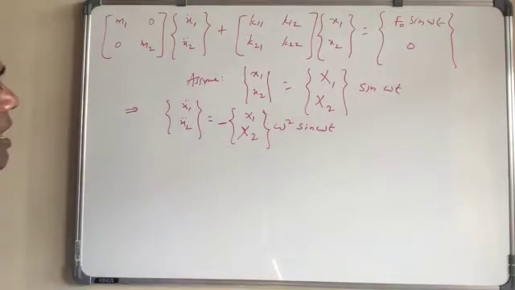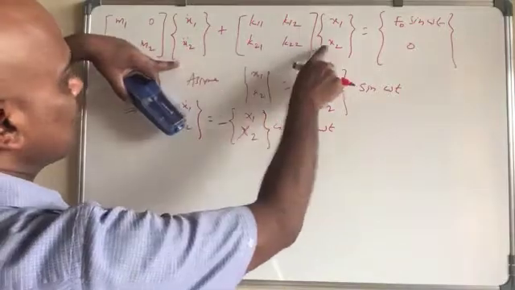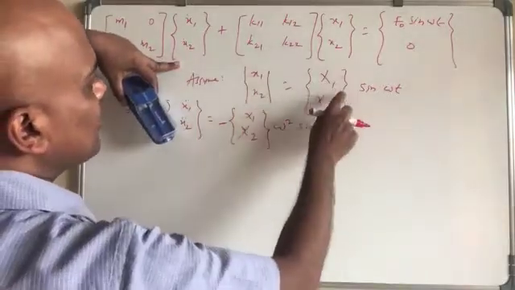What we can see here is that this is x1 and x2 only.